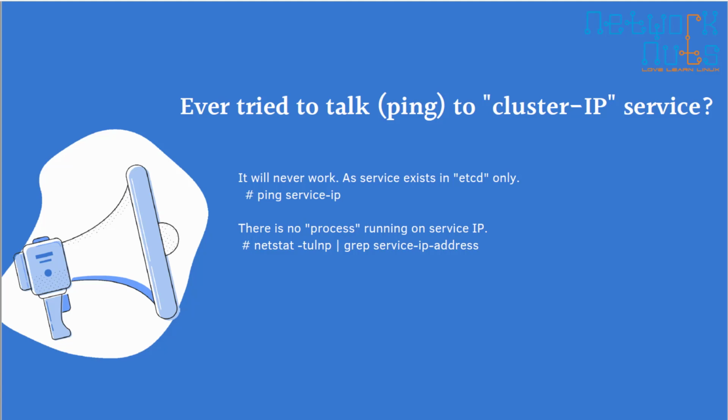Even if you try to do a netstat with the service IP address, you will not get any output. That means it's not a resource. Service doesn't exist. Service exists only in etcd. There is no process running on that. So how does it all work? That sometimes bamboozled me.